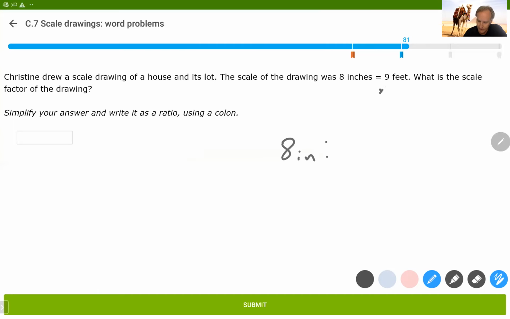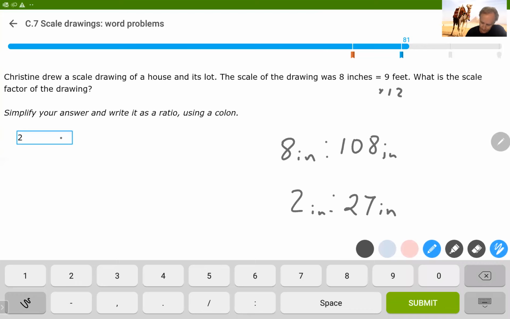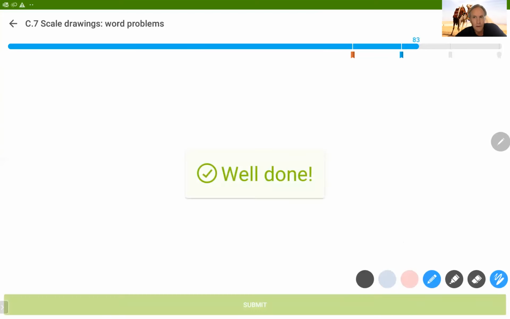We're going to multiply by 12 and get the 108 again. Dividing by 8 is not possible, so we're going to divide by 4, which gives us 27. And dividing by 4 gives us 2, so it's 2 to 27. Let's try that. There we go.